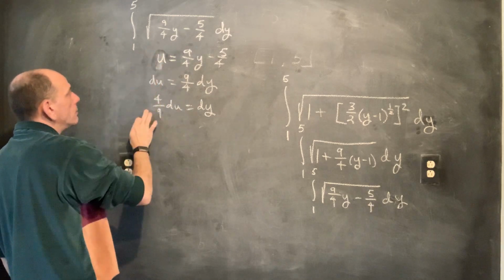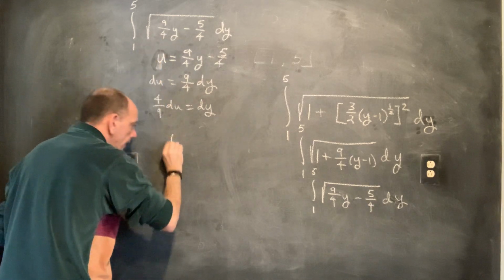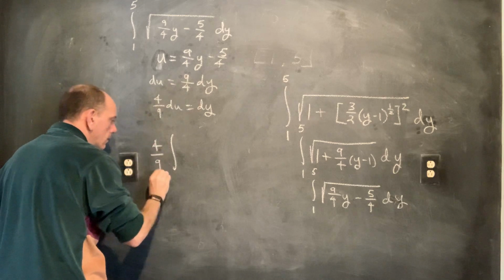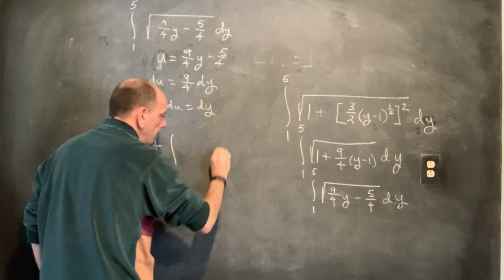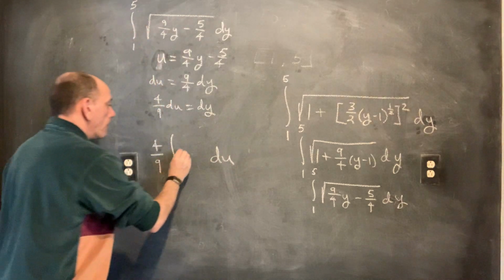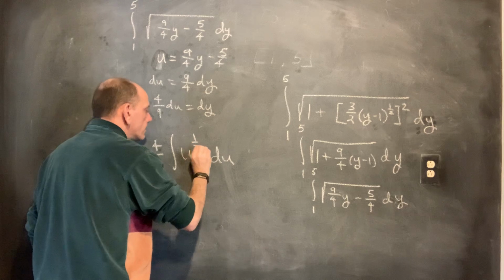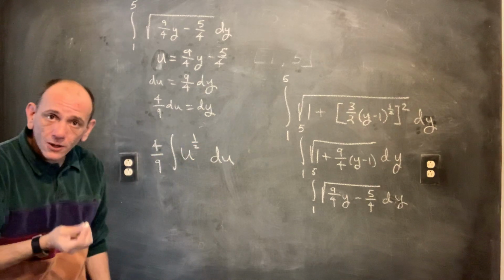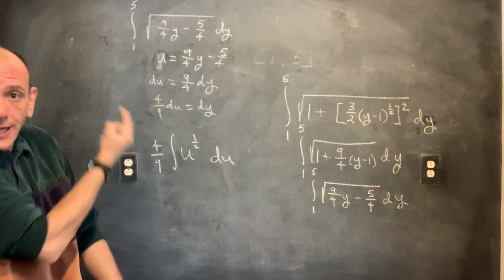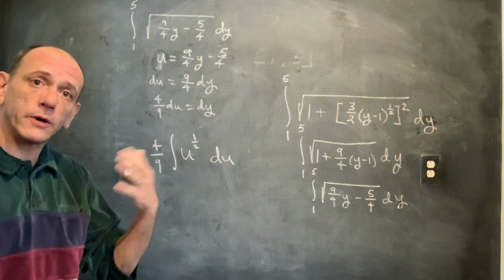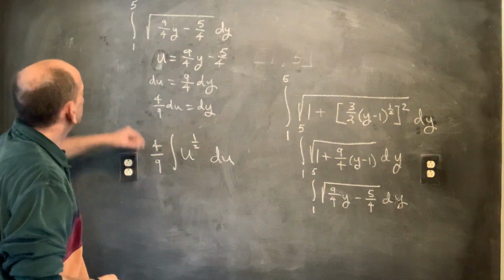Okay, so I'm going to do this straight u sub. I'll say integral, the 4/9 is going to get pulled outside, that's from my du sub, and I just have u to the 1/2 power. So this will be a straight power rule. Since I'm doing a u sub though, I need to change my bounds yet again. First we had to change them to y bounds, but now I'm u subbing, so I have to change them to u's.